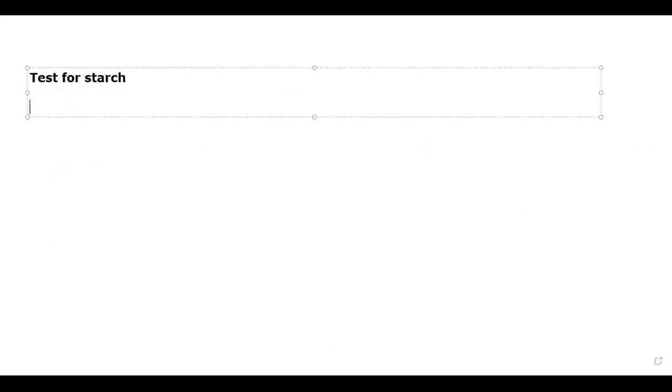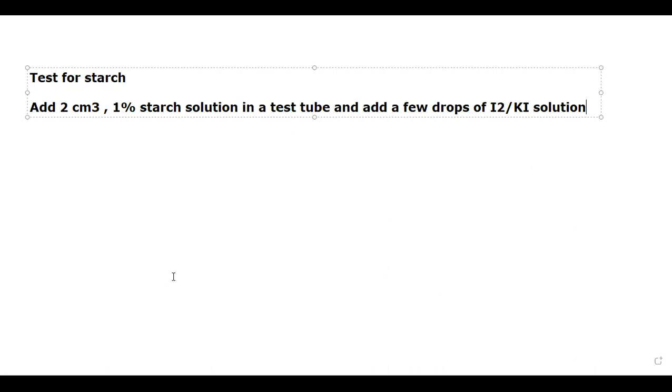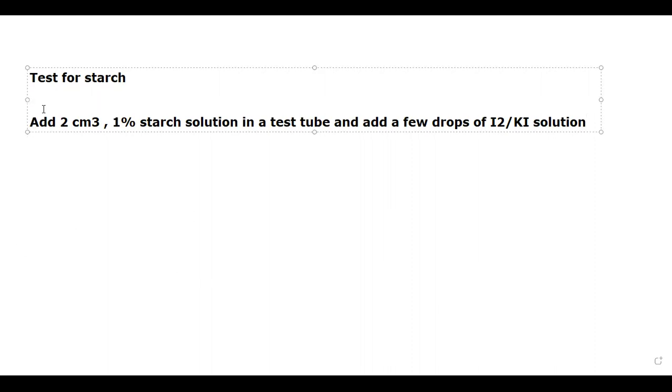This experiment is a very simple experiment. You know this experiment from your small grades even. What is the experiment? Tell me the procedure.